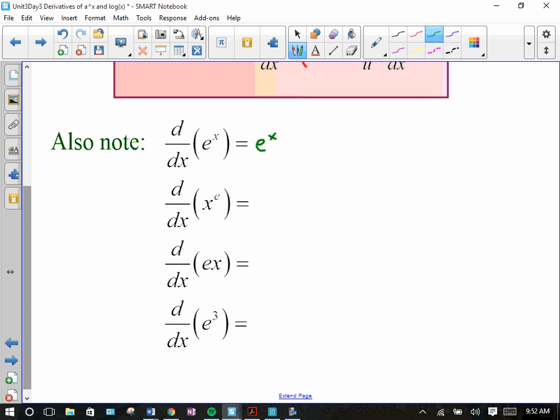What about if we had the derivative of x to the e power? What is e? E is a number. So x squared would give 2x, and then we subtract 1 from 2. But this is e. If e is a number, what do we do with that?